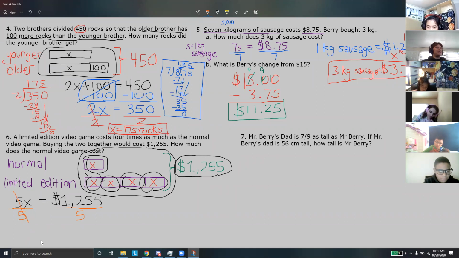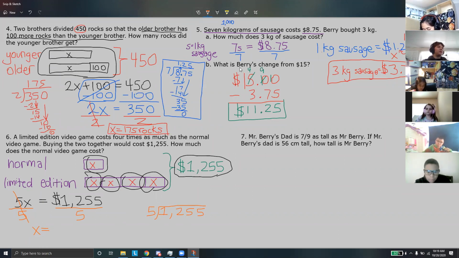5 divided by 5 is nothing, so we have x equals, and then now we just have to find out what this is. 5 goes into 1,255 how many times? And we have to remember this is going to be a dollar amount, so just add a dollar to our answer. Okay. 5 goes into 1, 0 times. 5 times 0 is 0, 1 minus 0 is 1, drop the 2. 5 goes into 12 2 times. 5 times 2 is 10. 12 minus 10 is 2.